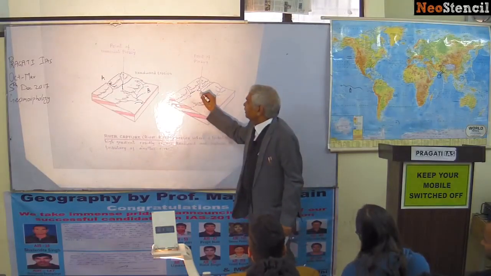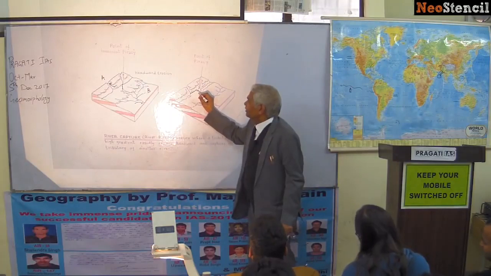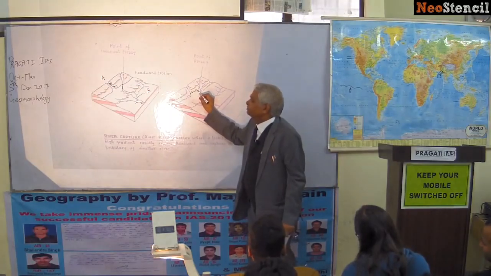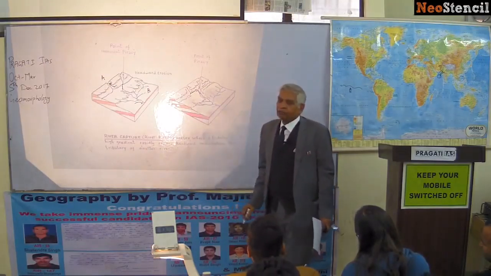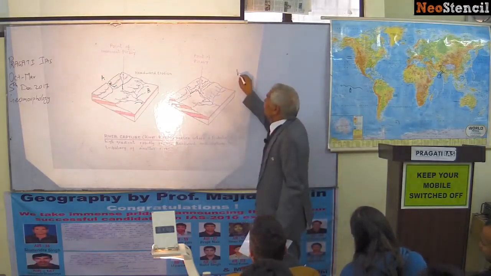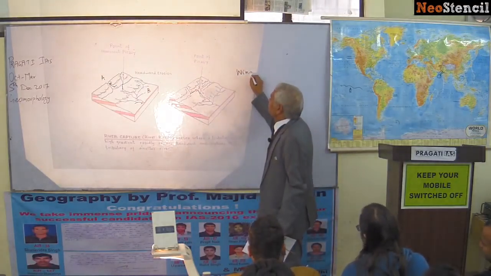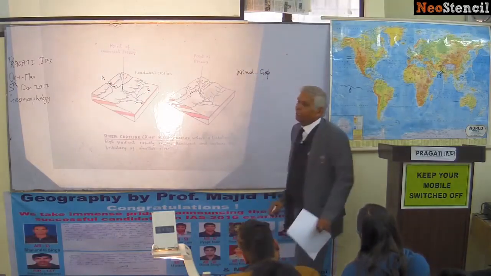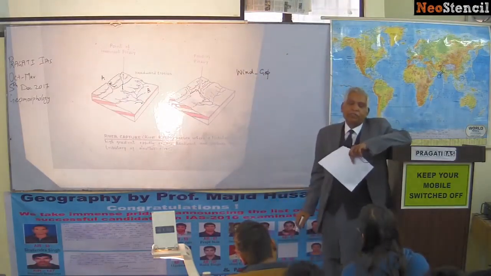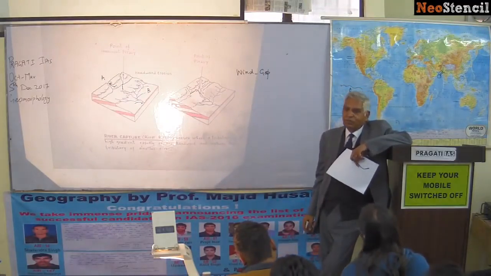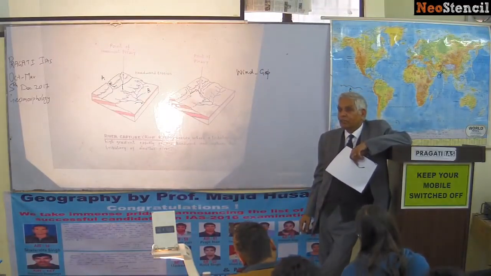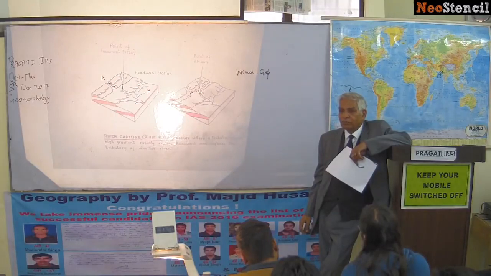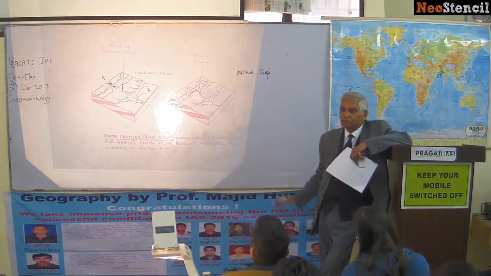So between this and this there is a dotted area. There is a gap. It is known as wind gap. Perhaps this question was asked. The term wind gap is associated with running water, and it happens in the case of river capture or river capturing or river piracy.